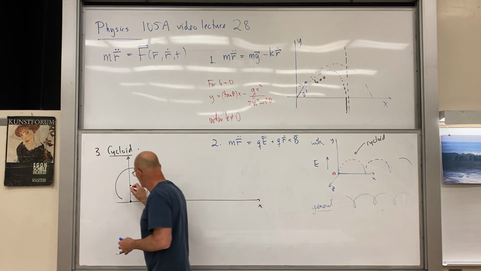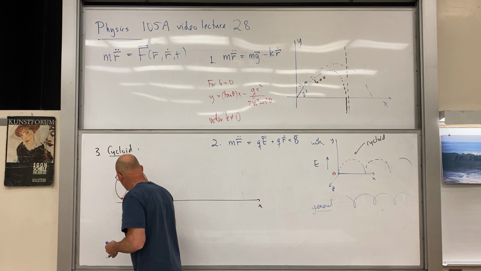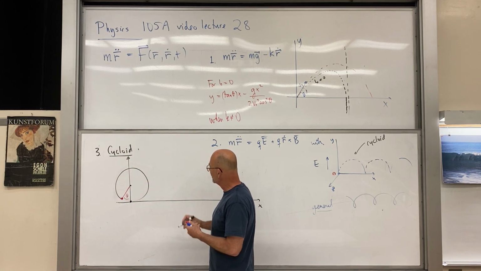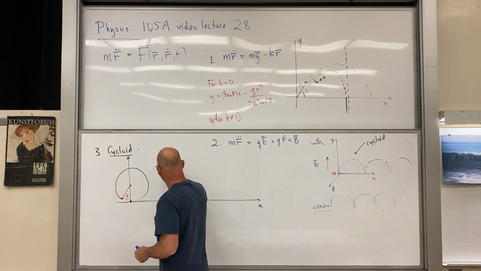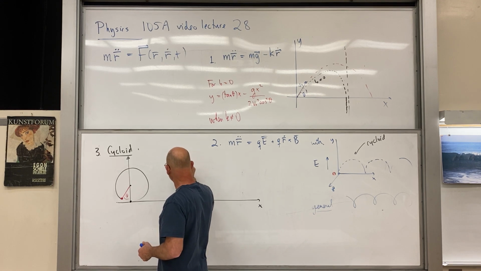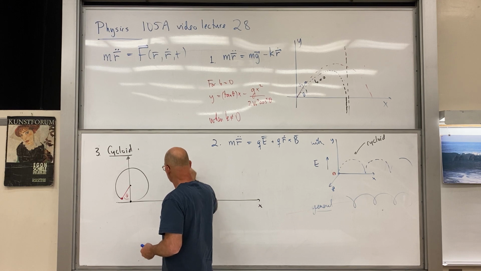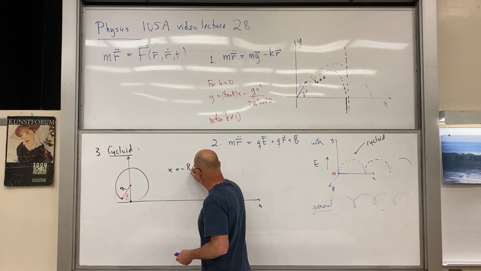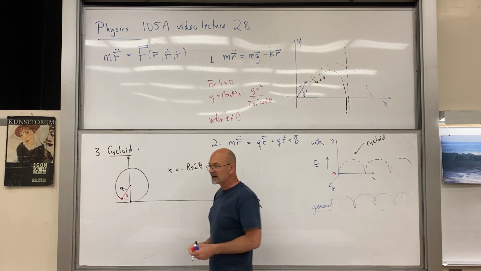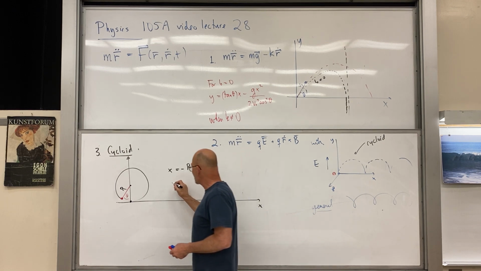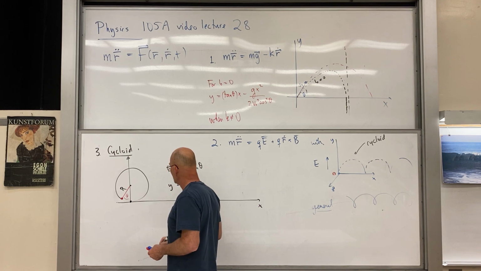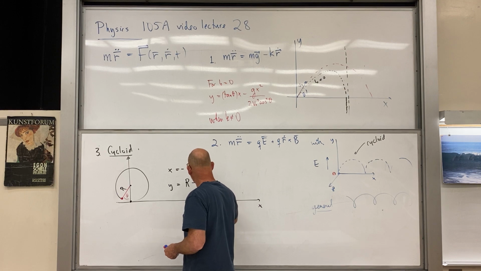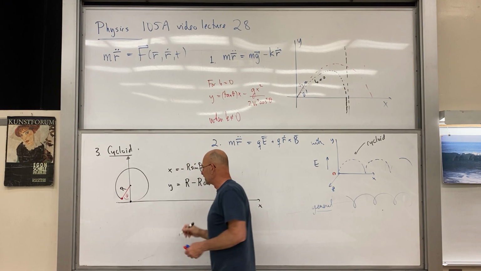Then, when that point gets right there, we would say its x component is equal to minus r sine theta. And its y component would be r minus r cos theta. Okay.